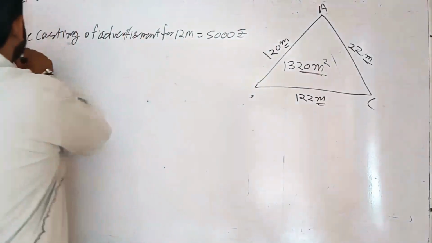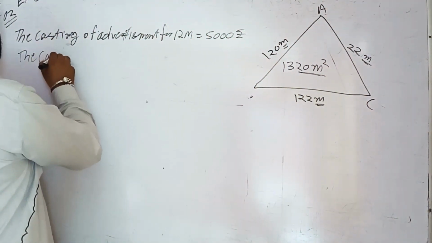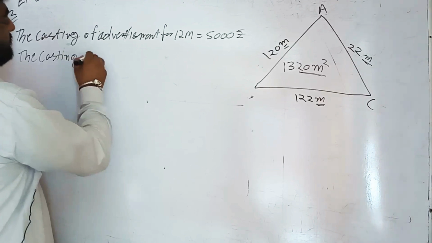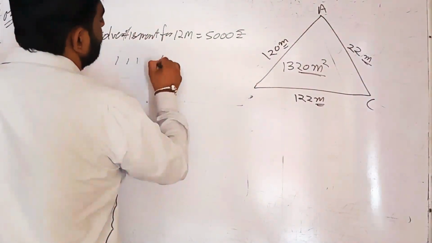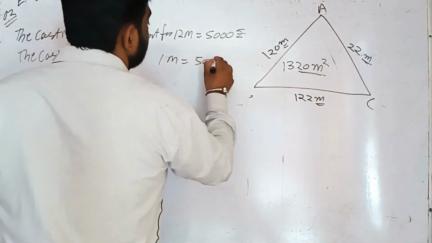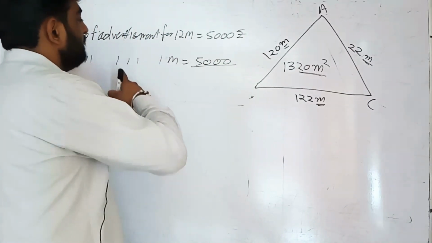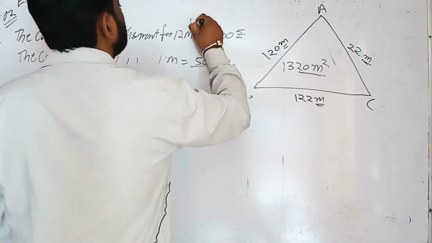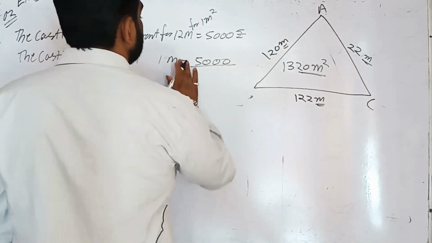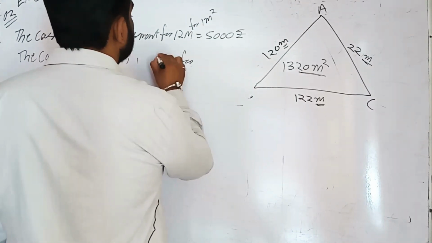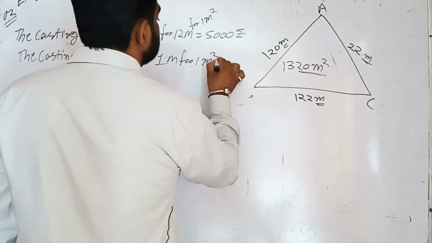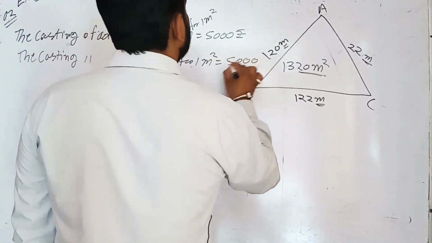So we need to find the costing of advertisement for 1 month for 1 meter square, that is 5,000 upon 12.